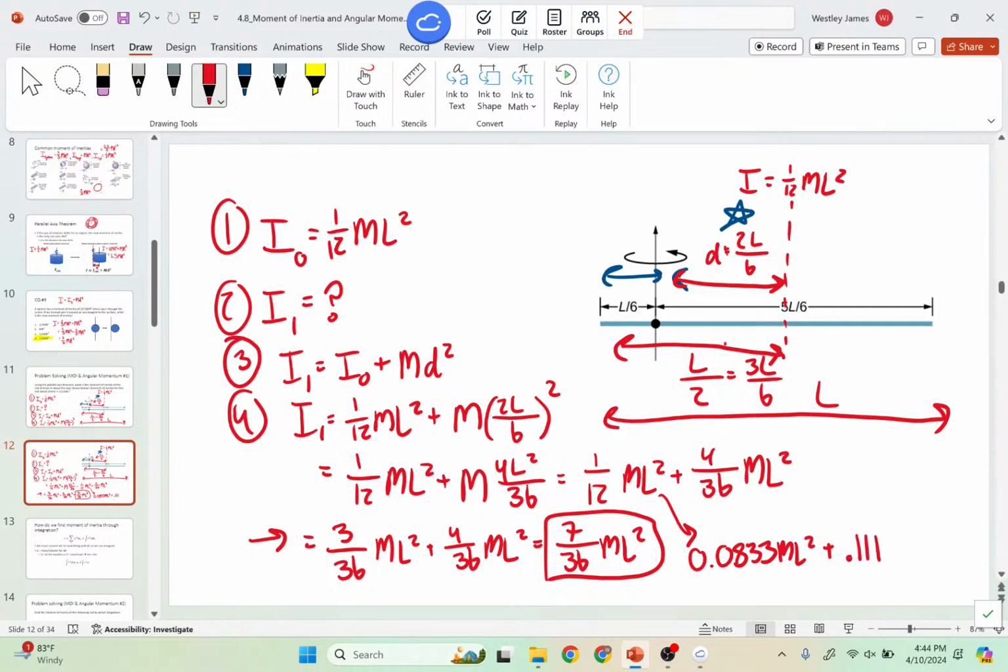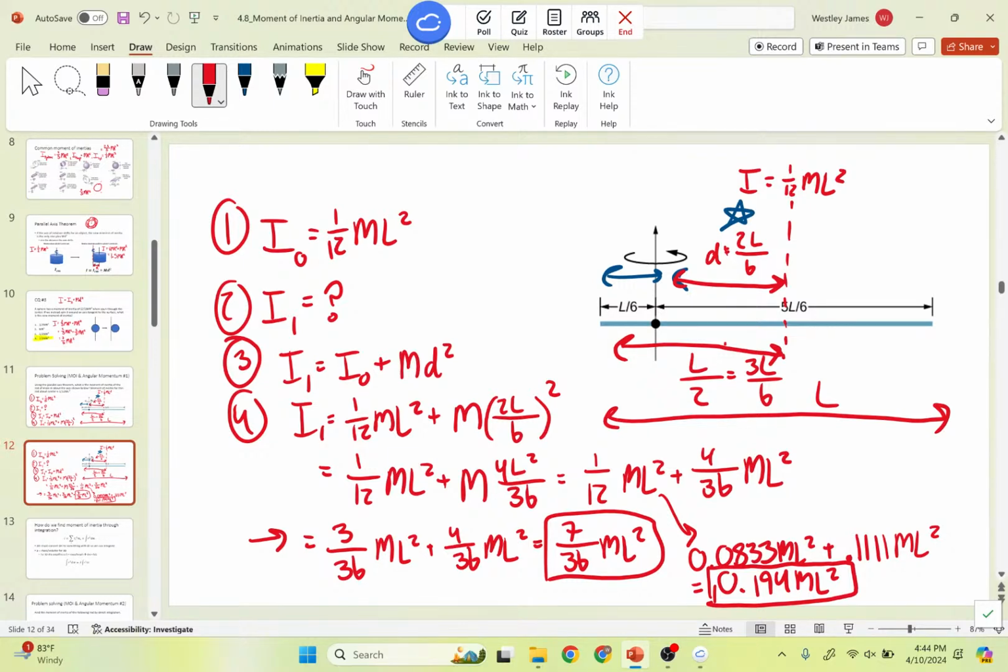I'm just going to do 3 of them. That's good enough. Yeah, let's throw an extra one in there. So what's my total? 0.194 ml squared. Those are the exact same answer. Do 7 divided by 36. Oh, look at that. I get the same answer.